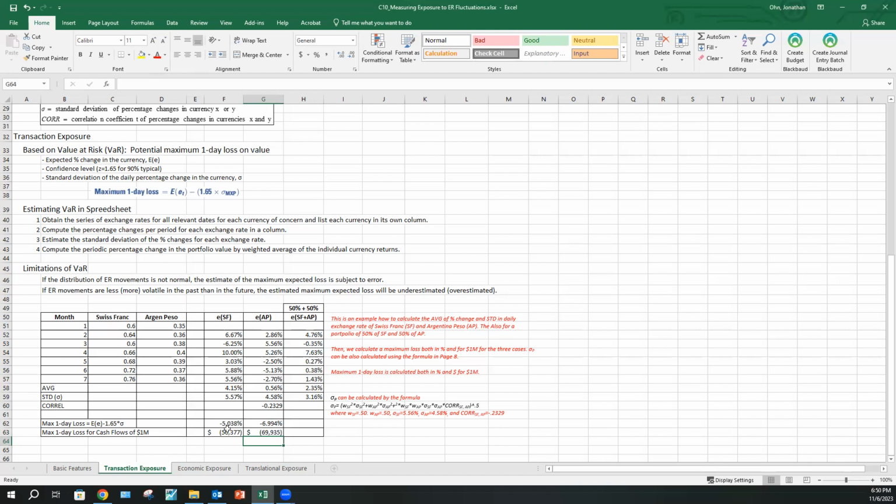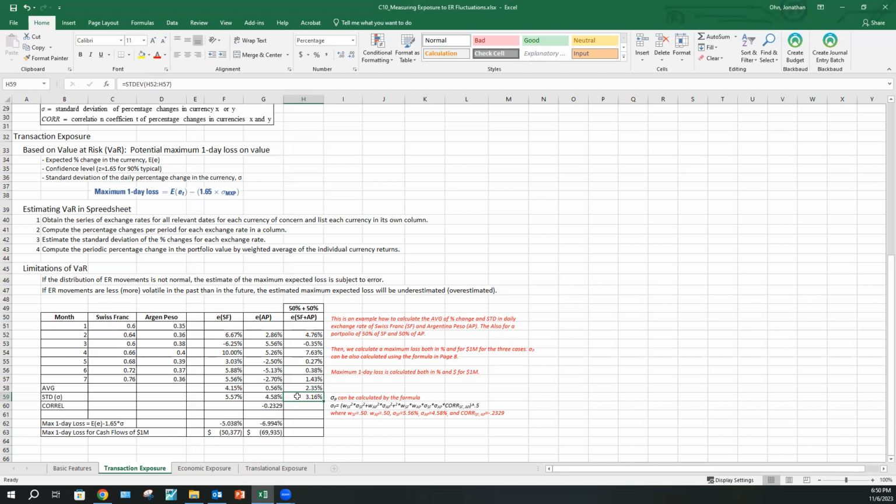If you look at the individual currencies, it is significant. But since we combine these two foreign currencies with a negative correlation coefficient, let's see what happens. I said we could achieve significant risk diversification or risk reduction. Now let's convert that into the maximum one-day loss.